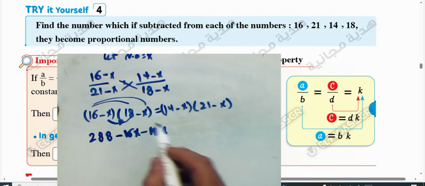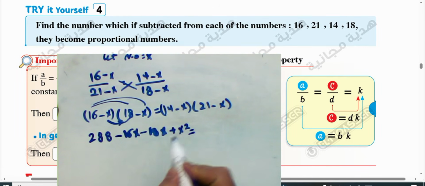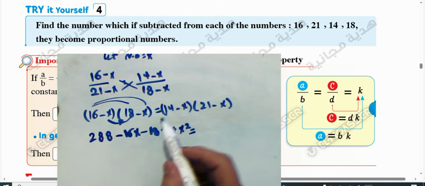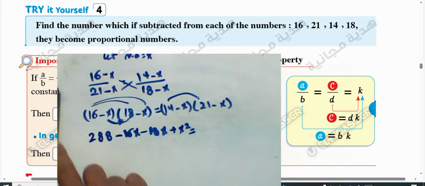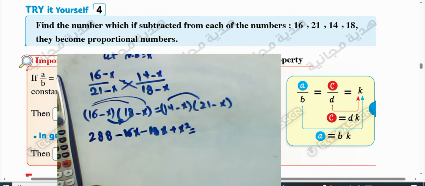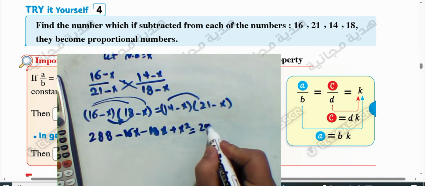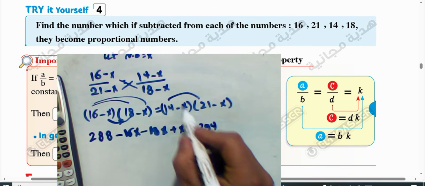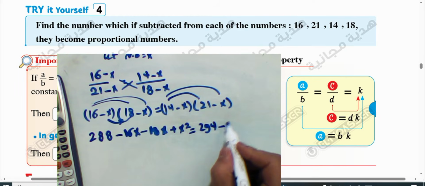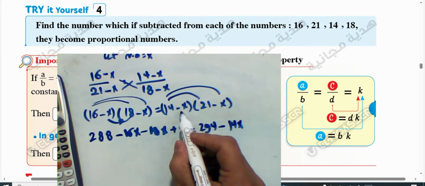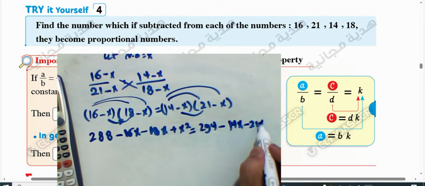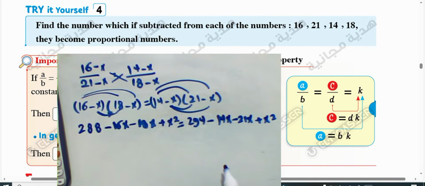Negative x times negative x will be positive x power 2. Next, 14 times 21. 14 times 21 equals 294. And then 14 times x will be negative 14x. Negative x times 21, negative 21x. Negative times negative is positive, positive x power 2.